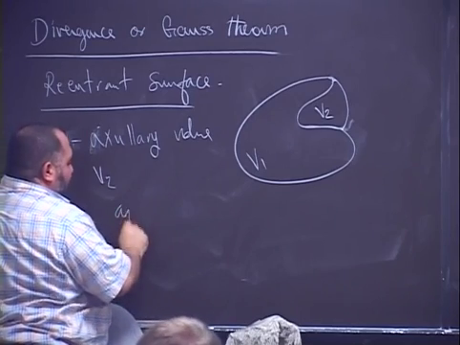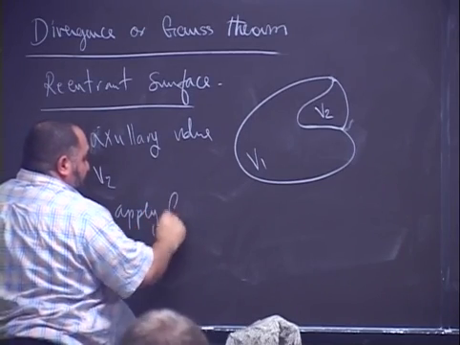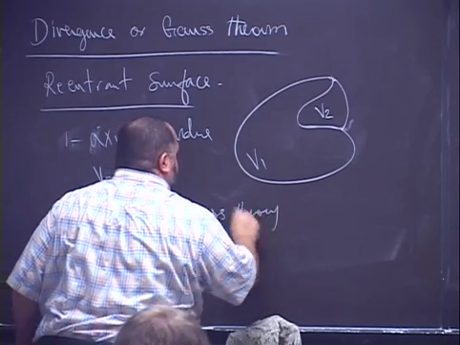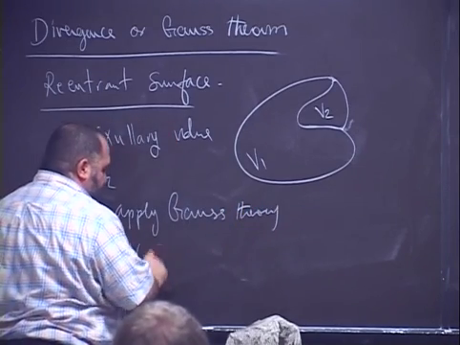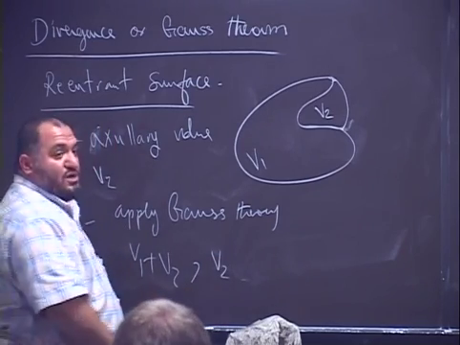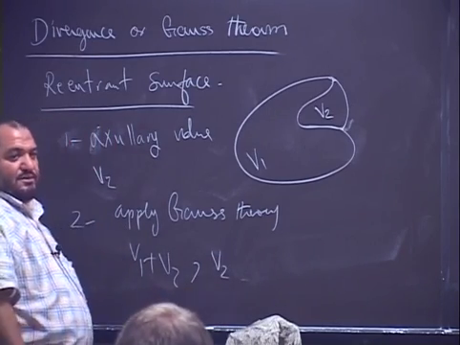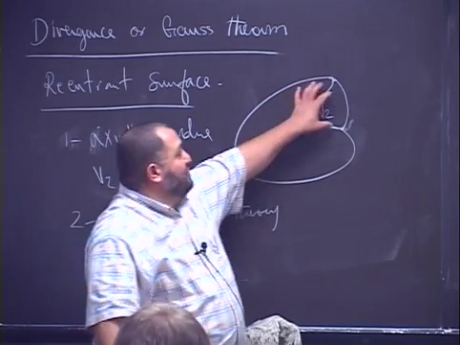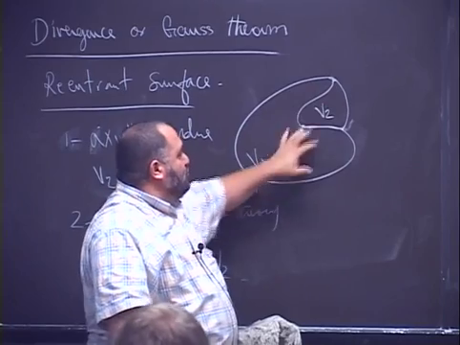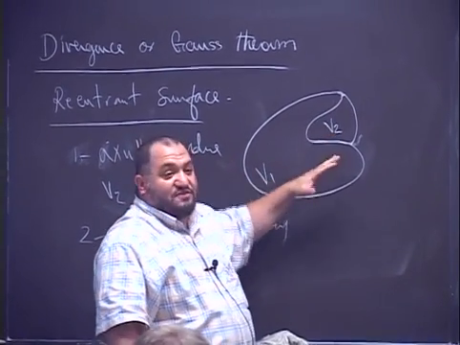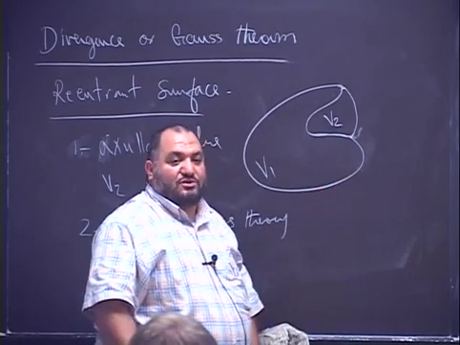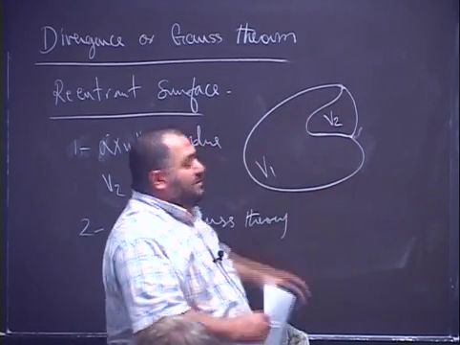Then you apply the Gauss theorem over V1 plus V2 and over V2, and you will obtain the same. Okay, guys? So now when we put this auxiliary volume and attach it to the volume V1, we made V1 plus V2 non-reentrant. Just you close it.